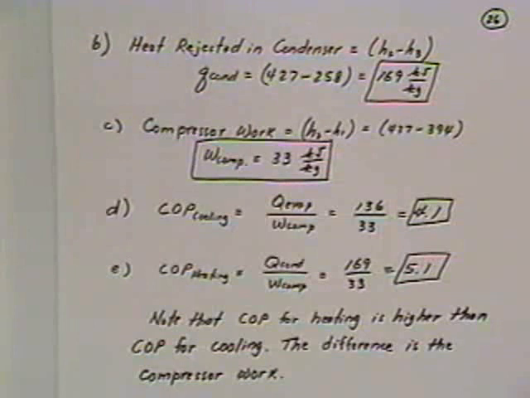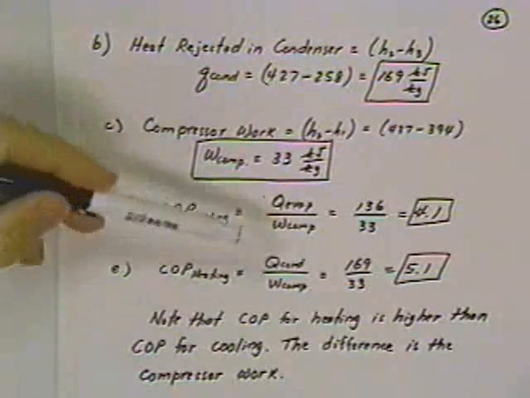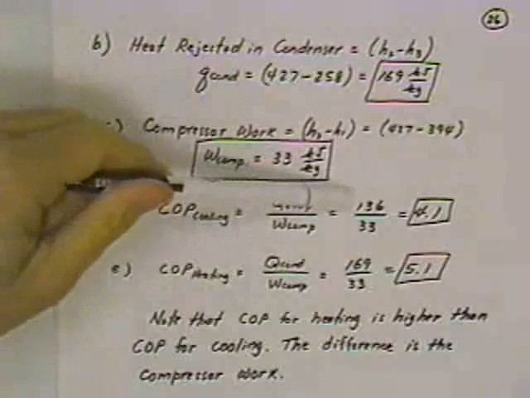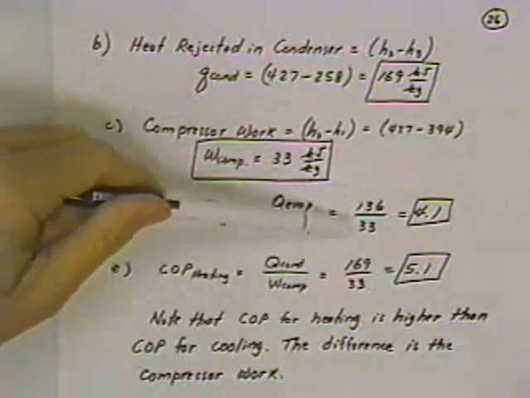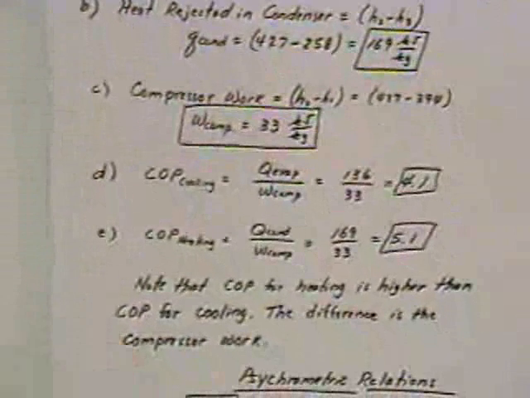Okay, COP for cooling. Define it as the Q in the evaporator divided by the work of the compressor. The evaporator, we got a while ago, cooling of 136, work of compressor is 33, so you end up with a COP for cooling of about 4.1.